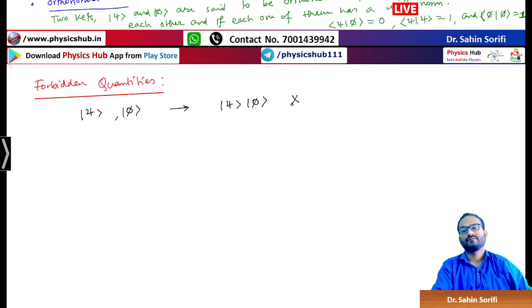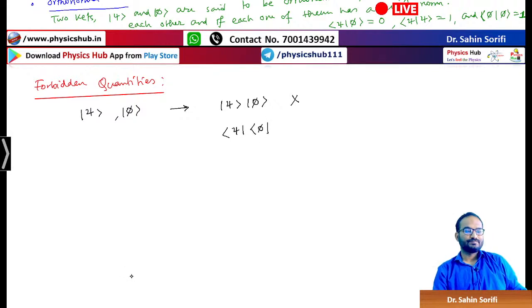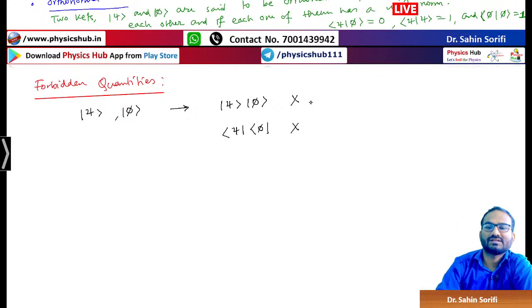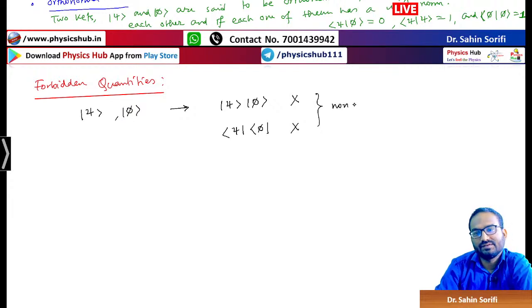Or bra psi and bra phi, this is also forbidden. These are nonsensical, they do not give any sense.